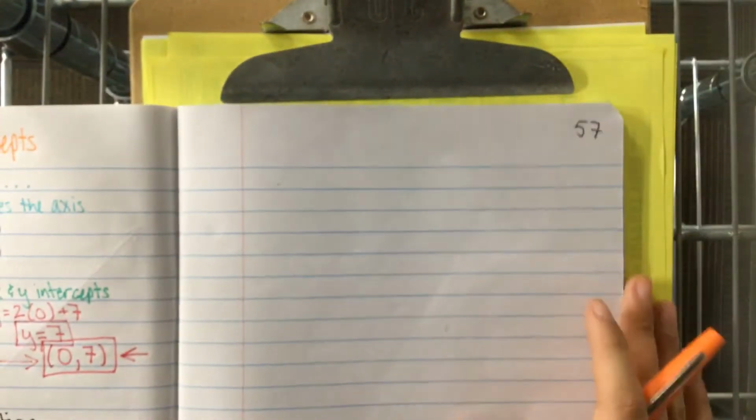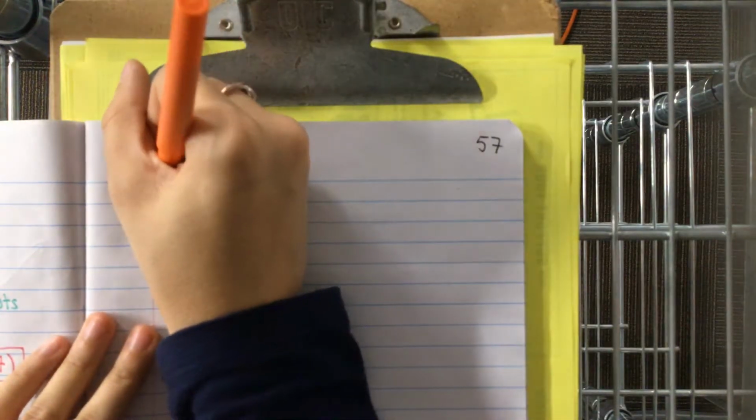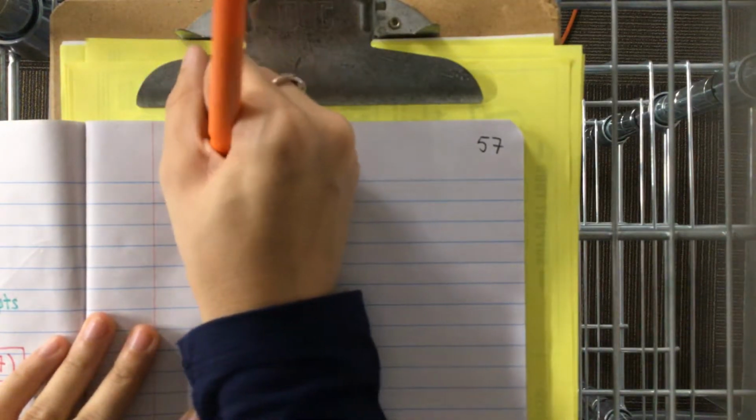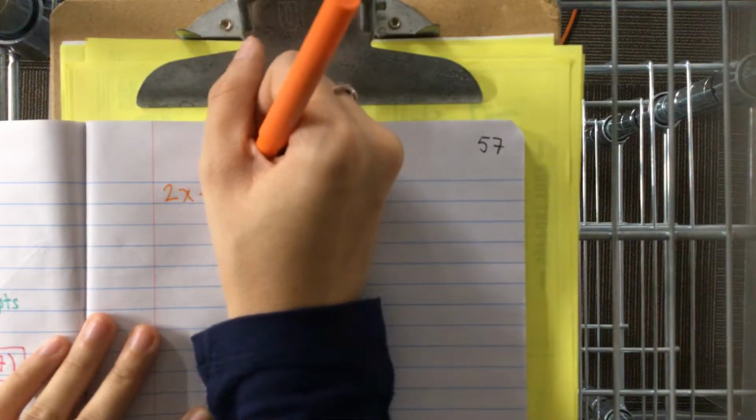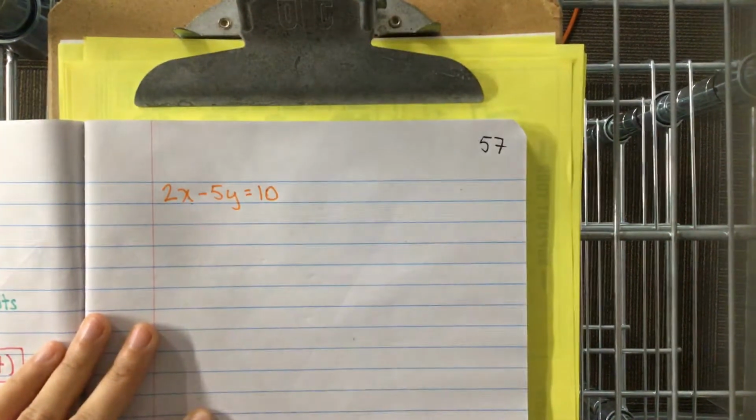Let's do some more. Let's look at 2x minus 5y equals 10.